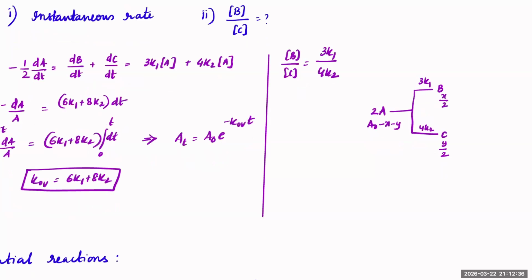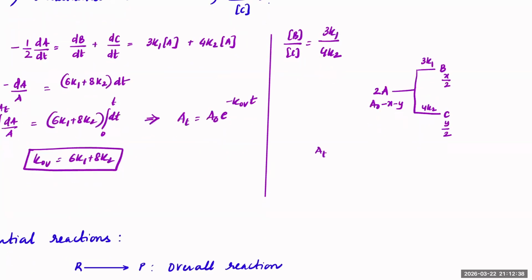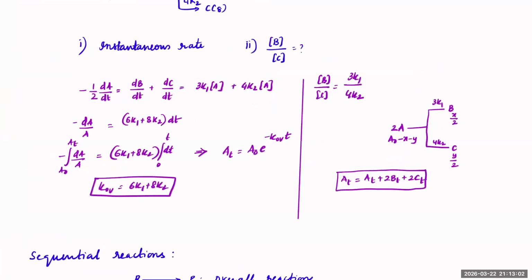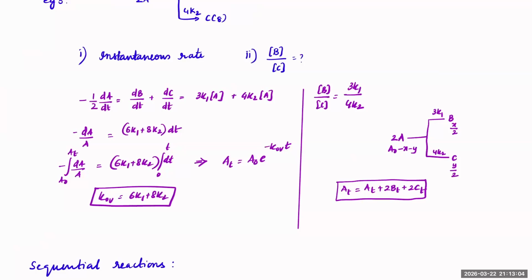And in such case, can I call AT as AT plus BT plus CT? No, I can't, but I can do the same when you multiply BT and CT with 2 times. So this will be 2 times BT plus 2 times CT. Okay. Now things will come out to be correct. So you will be using this formula to figure out BT and CT. And B and C relation is like this. Okay. So I hope you understood.